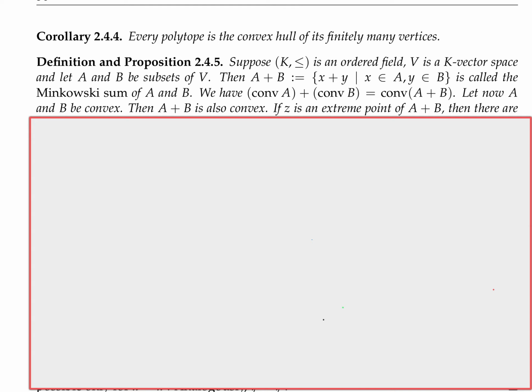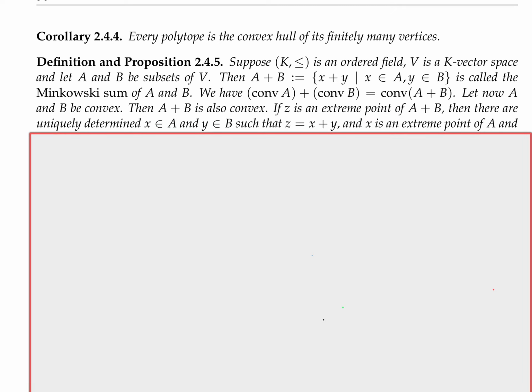Now comes an interesting fact. If z is an extreme point of A plus B, then there are uniquely determined x in A and y in B such that z is x plus y, right? Maybe for this it's interesting to look at another picture.